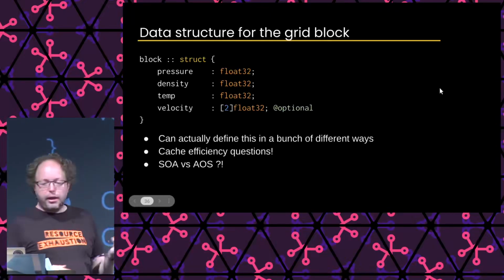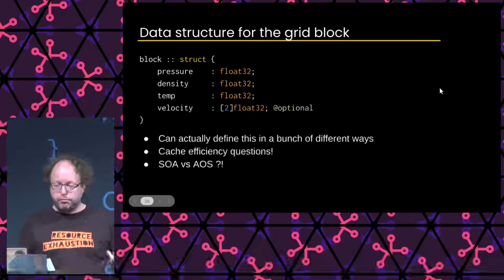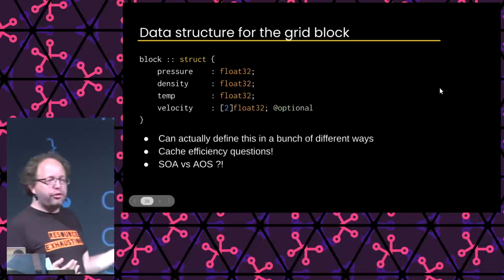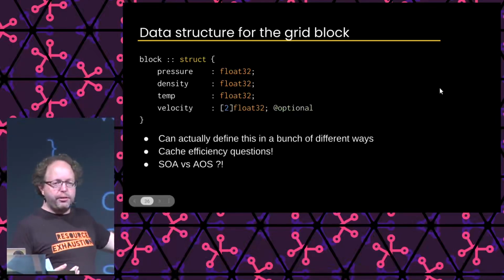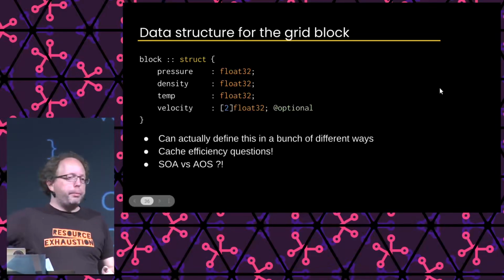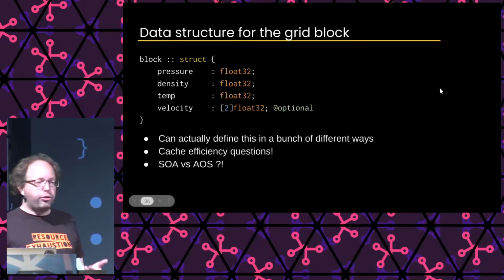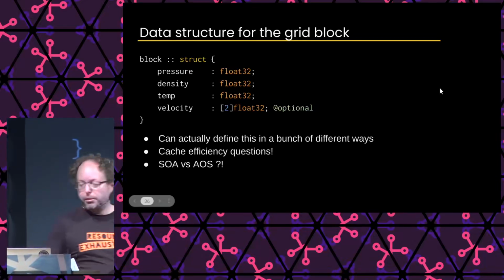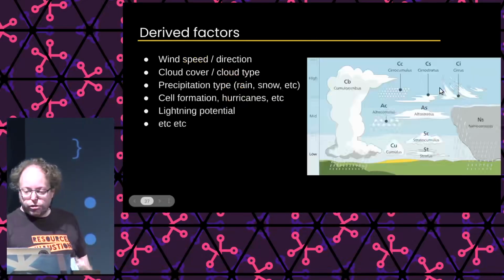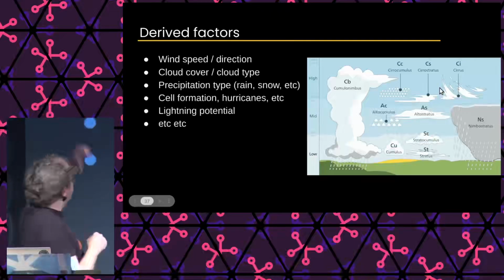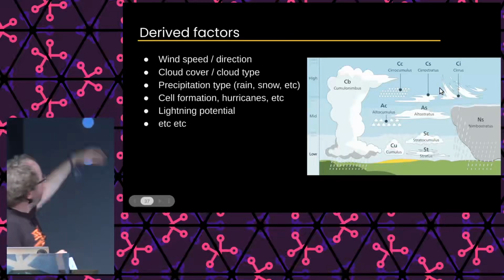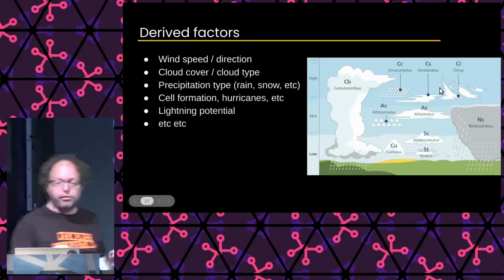Also, things like rainfall. Do you want to keep it as a baseline thing in your per grid block, or do you just want to have a separate function or a separate process that keeps track of accumulated rainfall over time? And this, of course, depends a little bit on what your goal is with the model. So, yeah, we've got some derived factors. So wind speed, wind direction, cloud cover, cloud type. This is actually really fun.